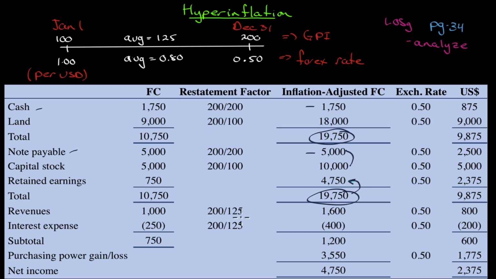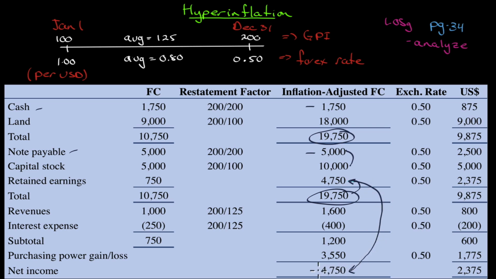The income statement will be translated at the average general price index level, which is 125. So it'll be 200 over 125 instead of 200 over 100. So 1,000 becomes 1,600. 250 becomes 400. We have 1,200. Now, we don't know what the purchasing power gain or loss is. We're at 1,200, but we do know that our retained earnings is going to be 4,750.